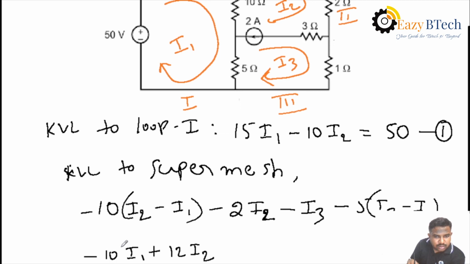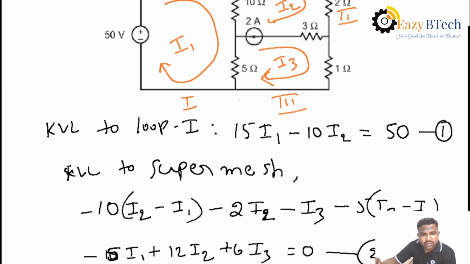Then we have minus 15 I1, 10 plus 5, and 12 I2, again 5 plus 1, 6, then 6 into I3 equal to 0. That is the second loop equation.